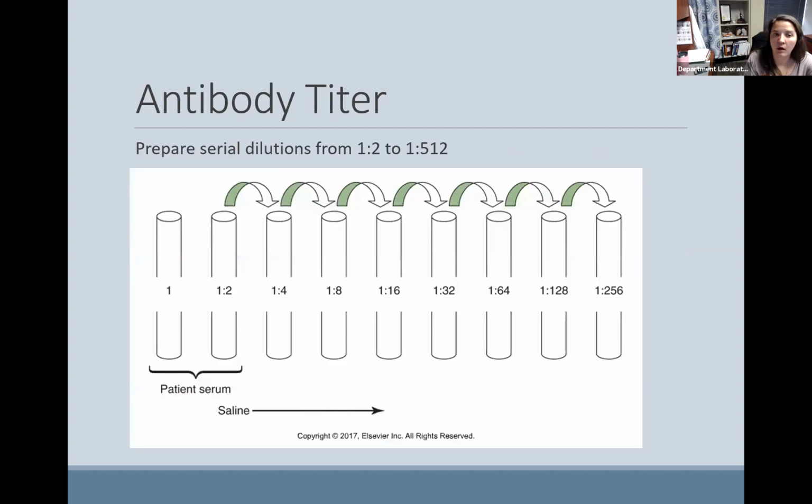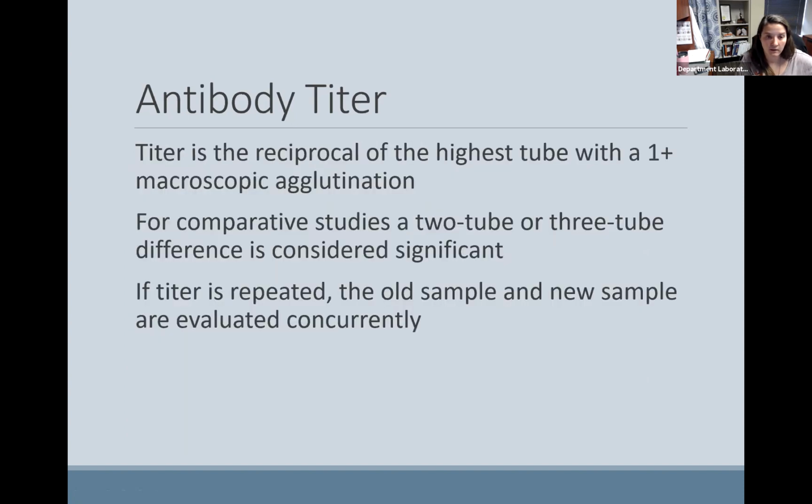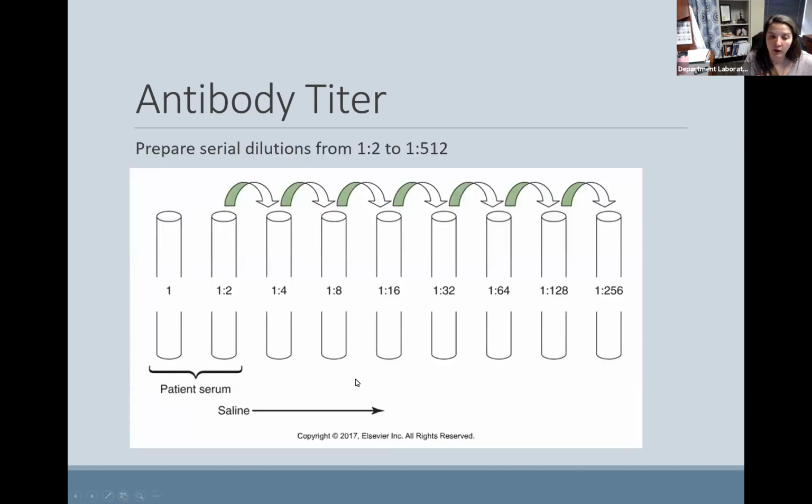And so when doing an antibody titer, you will perform some serial dilutions, and usually it goes all the way from 1:1 to 1:256. And then you will take an aliquot of each of these dilutions.